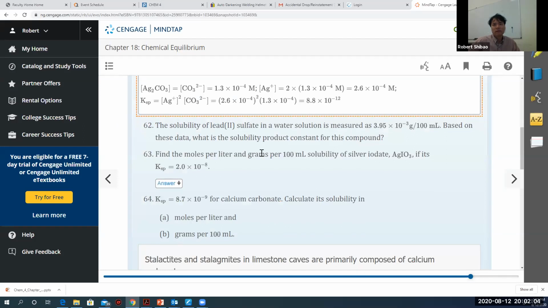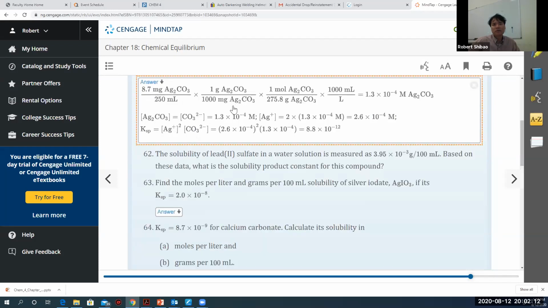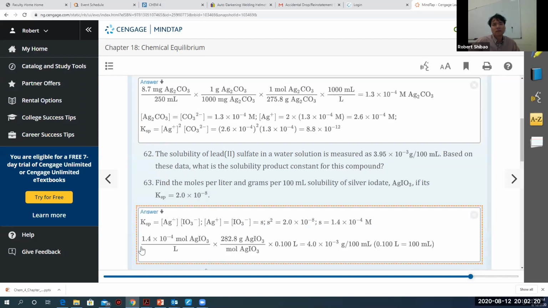Find the moles per liter and grams per 100 milliliters solubility of silver iodate. Okay, this is just going backwards. Here we figured out how much dissolved and then figured out K. Here they're giving us K and wanting us to go backwards. And so how do we go backwards? Well, from the Ksp, we get the equation here.